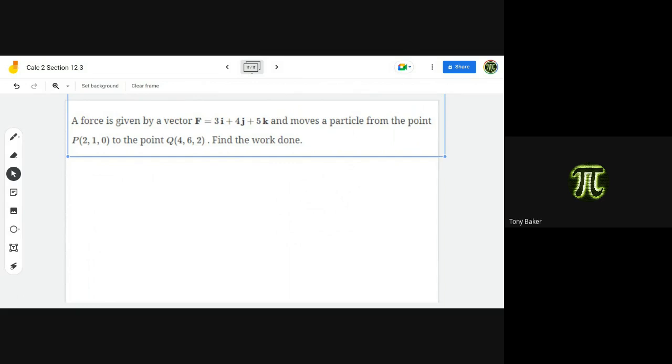They gave where the particle started and where the particle ended. So how do I find a vector from two points? Just subtract the two points, because we're looking at how far it moved.